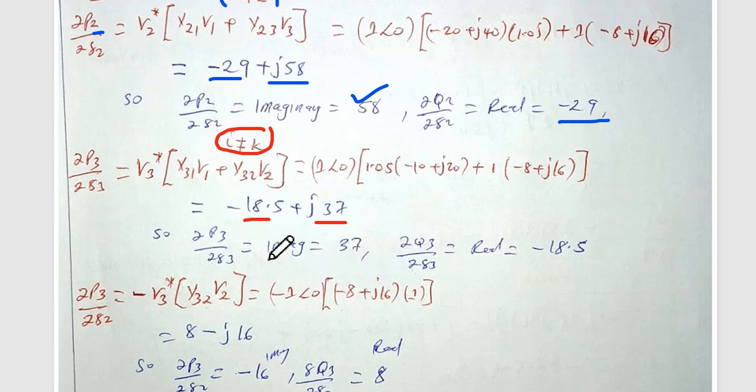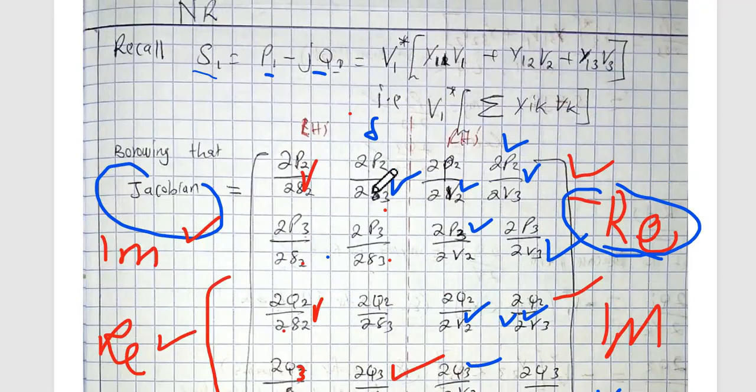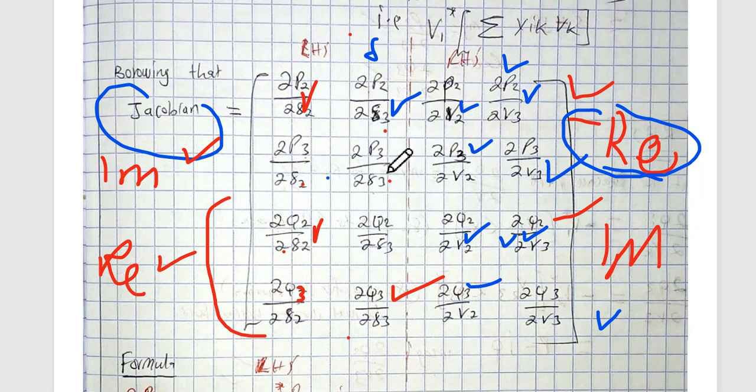Imaginary will give you this partial P3, partial del 3, and real will give you this. So you just find yourself solving this one and this. So already you have found 4.